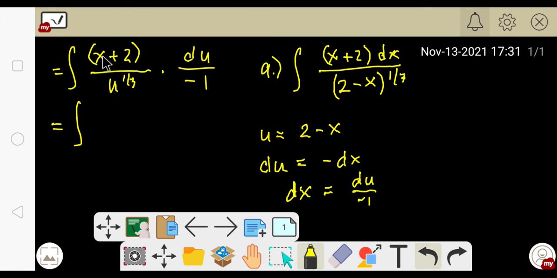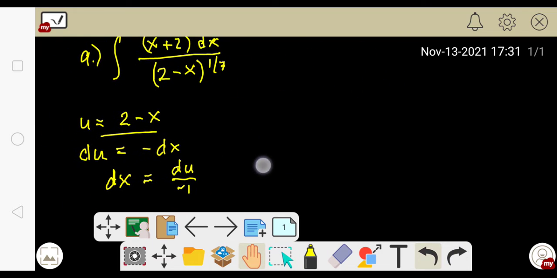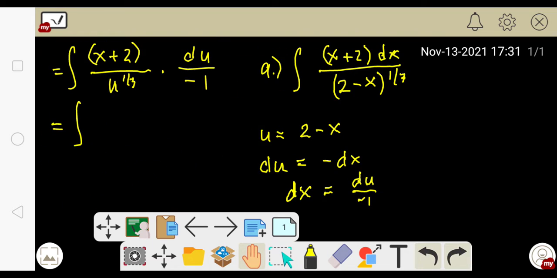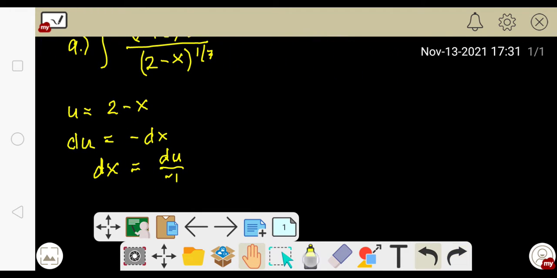So now, since we have x plus 2, I'm going to solve this. Since we have assumed that u is equal to 2 minus x, I'm going to rewrite this as u minus 2 is equal to negative x.